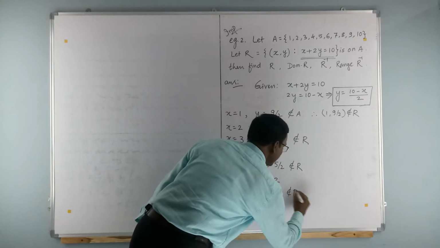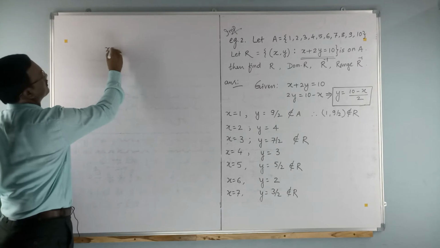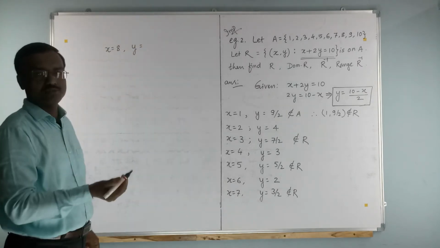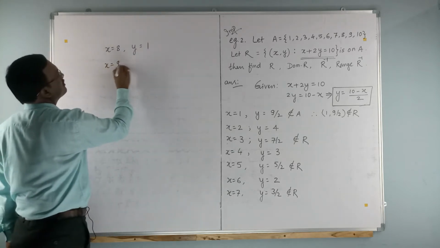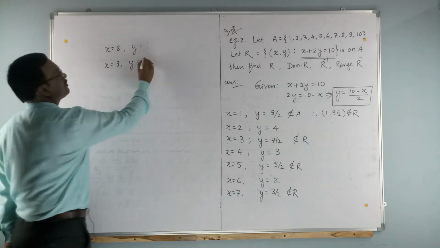And x equal to 7, y equal to 10 minus 7, 3 by 2. This also does not belong to the relation. x equal to 8, y is equal to 10 minus 8 is 2, 2 by 2 is 1. x equal to 9, y is equal to 10 minus 9, 1, 1 by 2.